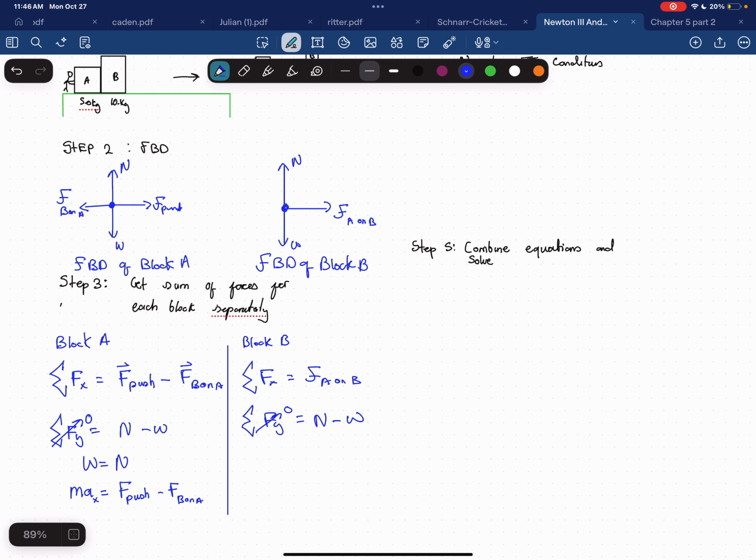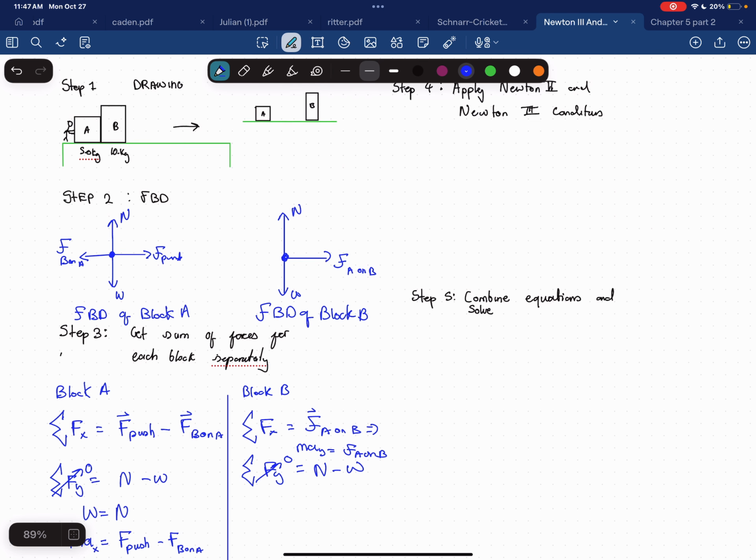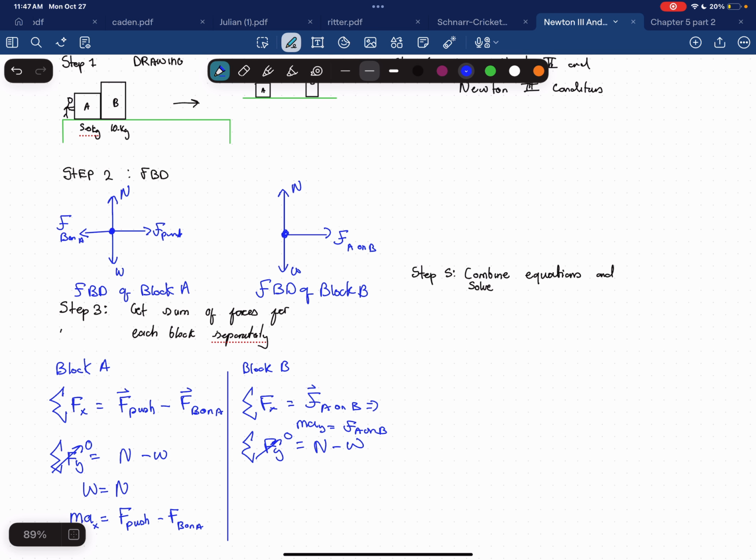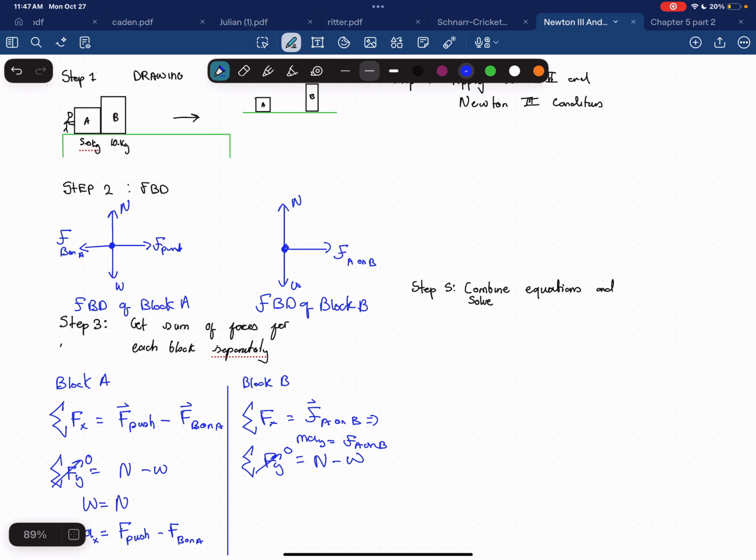All right. So I have my equations now. I don't think I'll need any information from the y direction. I can just compare my equations in the x direction. I know I'm accelerating. So m_B a is going to be equal to F of A on B. All right. So now let me compare my equations.